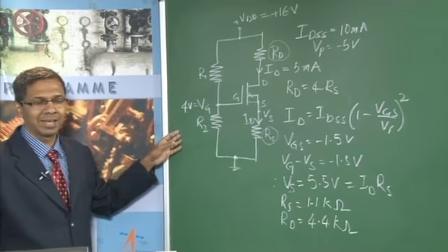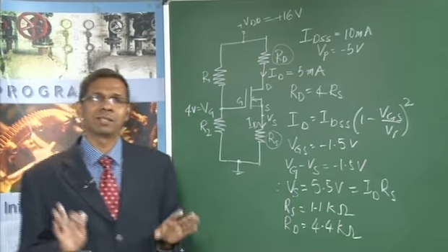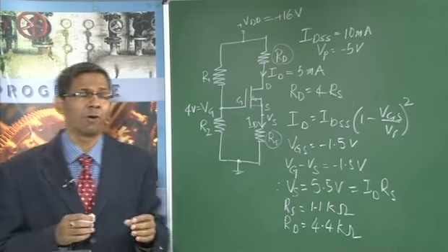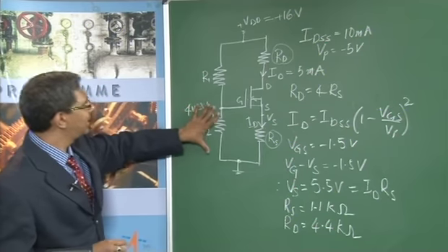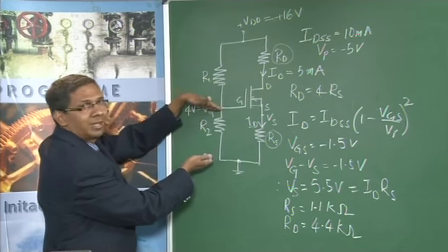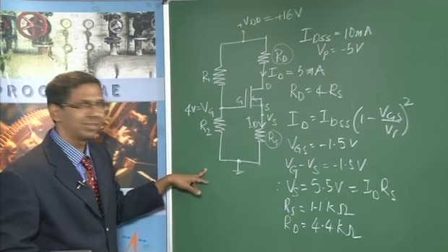The last thing that is left is to find out R1 and R2. Now this is again a very simple step. Go back to your network basics as to how to do a voltage divider formula. VG is the voltage across R2. What is the overall voltage? 16. What's the voltage here? 4. So can I write the equation for VG in terms of these two? Answer is yes.